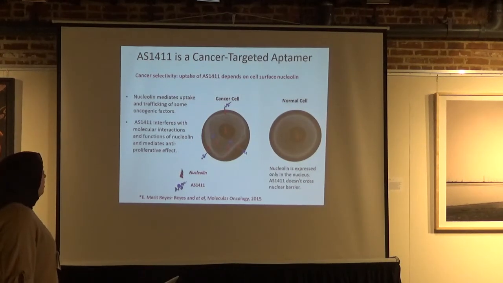When ES1411 binds to nucleolin, it inhibits its function and produces an anti-proliferative effect. So we use ES1411 for targeting cancer cells and also for killing cancer cells. And it shows cancer selectivity because its uptake depends only on the surface nucleolin, which is present only in cancer cells.